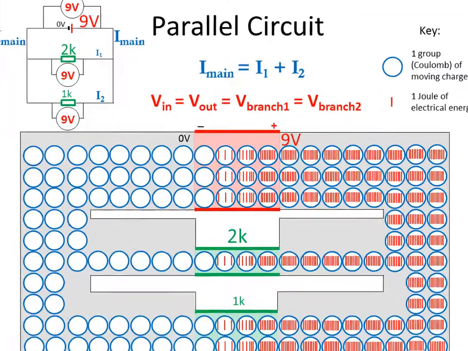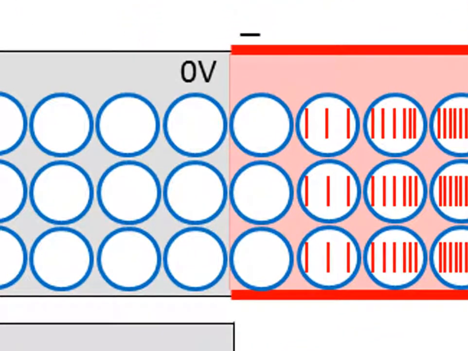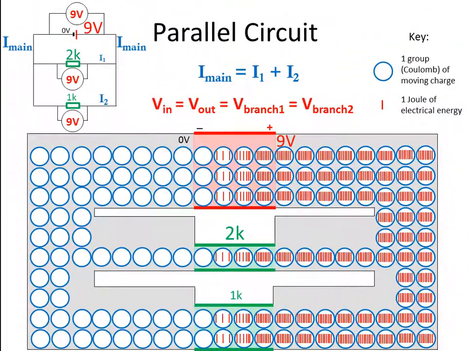But they have to come back to the negative terminal on the path that they take with 0 joules of energy. That is a rule about electricity. That's how electricity works. And since each path only has one resistor along the path, well then, they have to lose all 9 joules per coulomb. They have to lose all 9 volts through the one resistor that they go through.